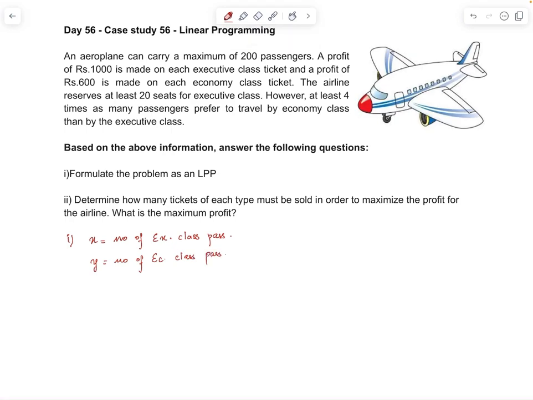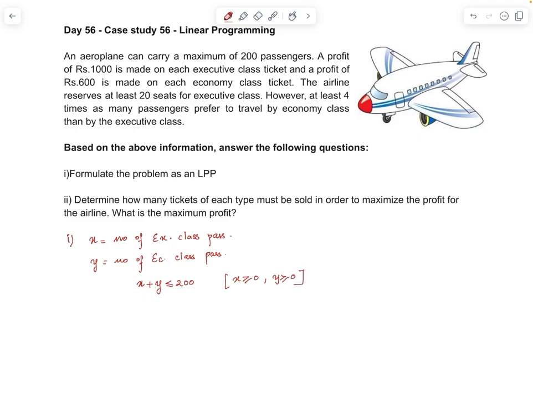Since the plane can carry only a maximum of 200 passengers, X plus Y is less than or equal to 200. From this it is very clear that X cannot take negative values and Y cannot take negative values.